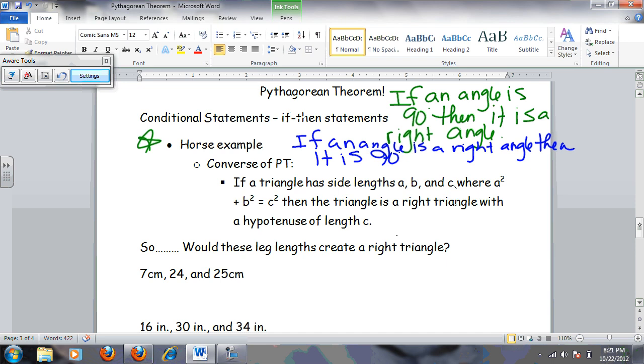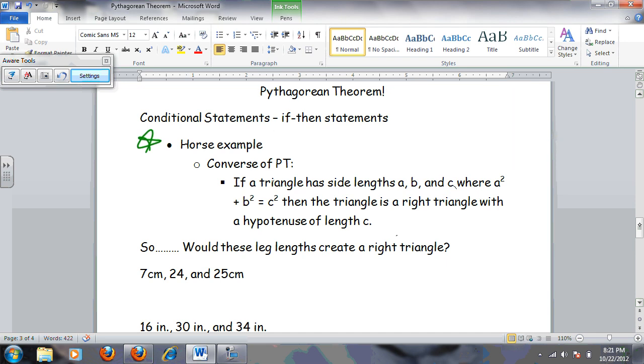Those same conditional statements can be said when we're talking about the Pythagorean theorem. If a triangle has side lengths A, B, and C, where A squared plus B squared will equal C squared, then the triangle is a right triangle with a hypotenuse of length C. So, will these measurements make up a right triangle?